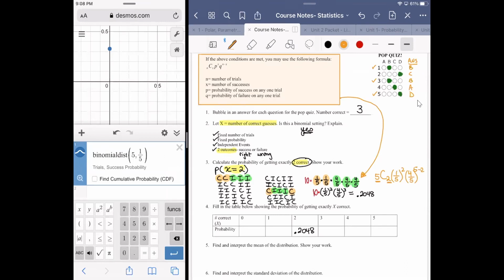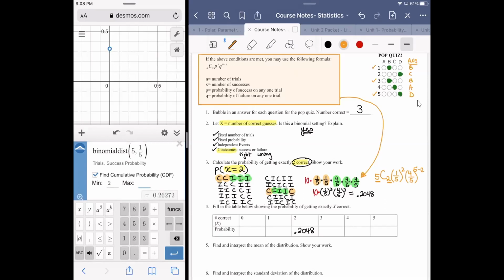But you see here, there's an option to find cumulative probabilities. It asks you on an interval, what is it that you're looking for? If you set the min and max to the x value that you're interested in, it'll just spit back the numbers for you. All right, so 0.2048 is what you're looking for at 2 trials.